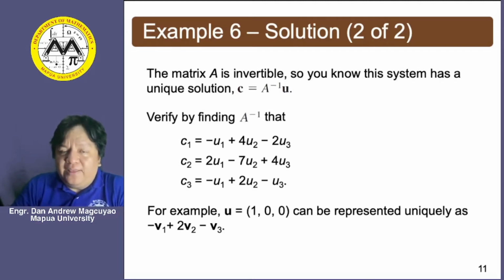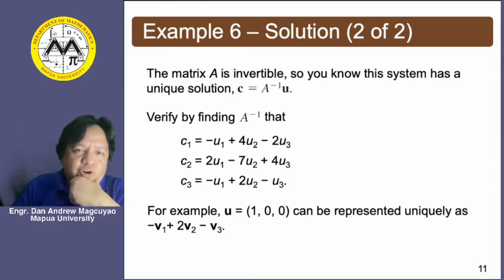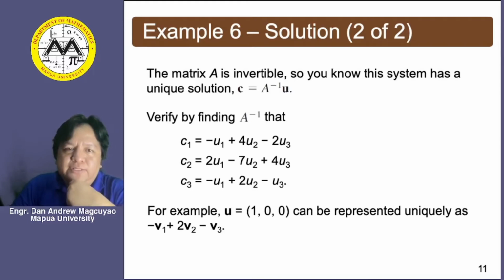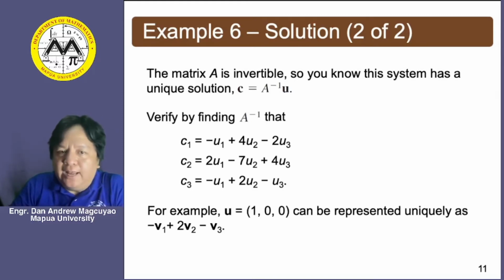You can verify this by finding the inverse of A such that C1, C2, C3 is equal to (-u1 plus 4u2 minus 2u3, 2u1 minus 7u2 plus 4u3, and -u1 plus 2u2 minus u3). For example, if u is equal to (1, 0, 0), this can be represented uniquely as negative v1 plus 2v2 minus v3.